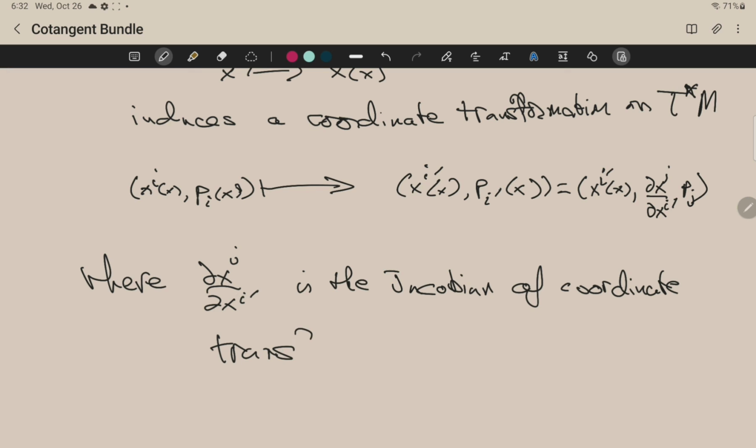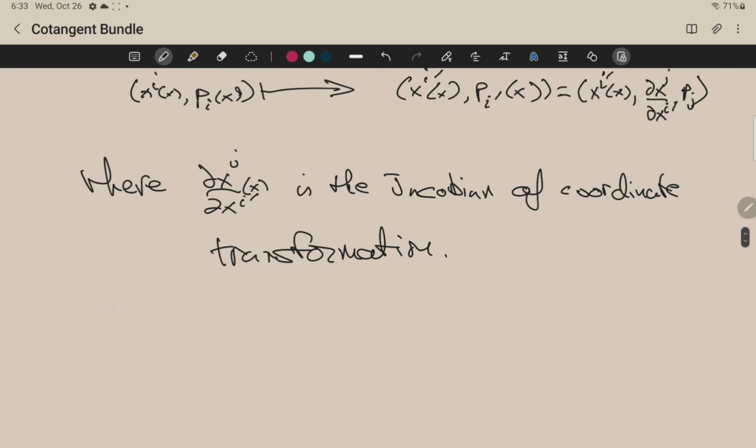Again, together, if you have a collection of open sets U alpha hat and phi alpha hat, then we have an atlas for the cotangent bundle.